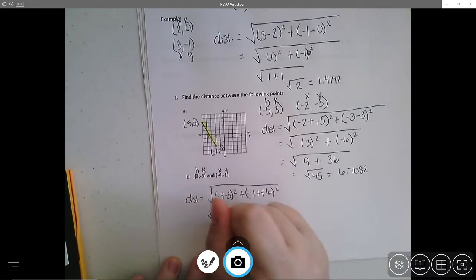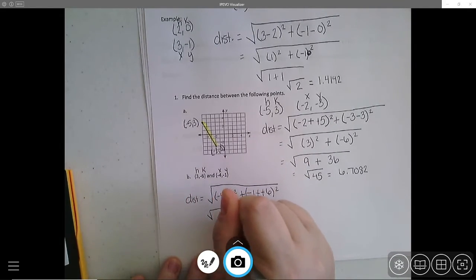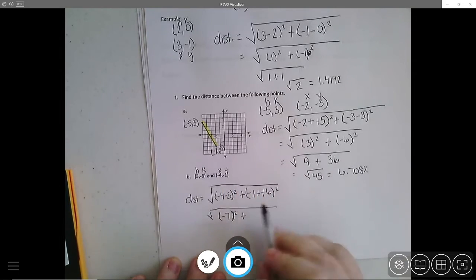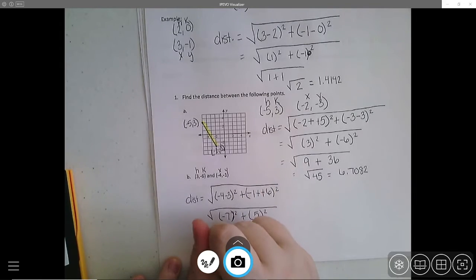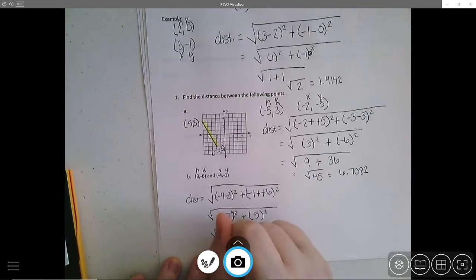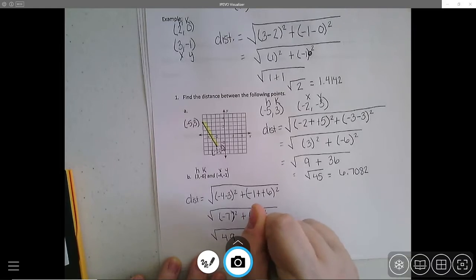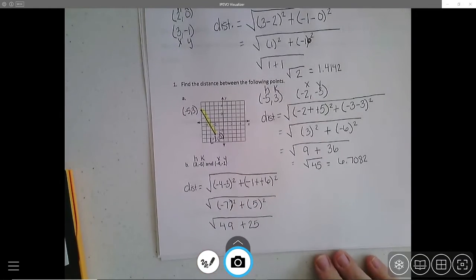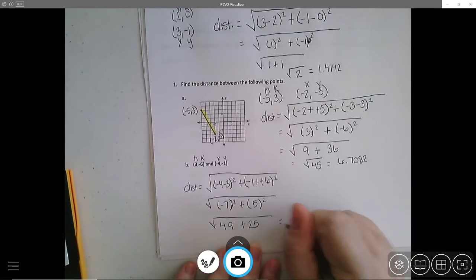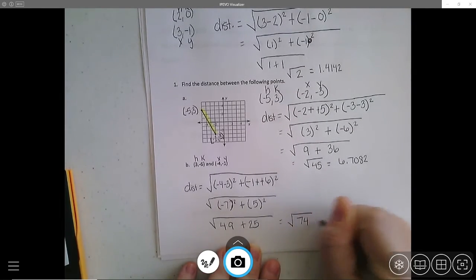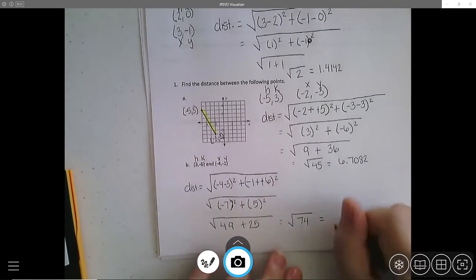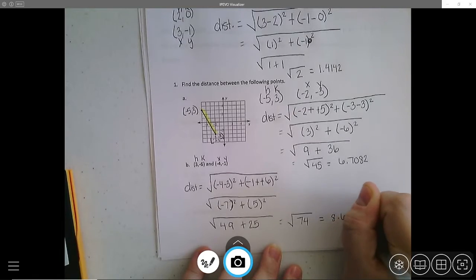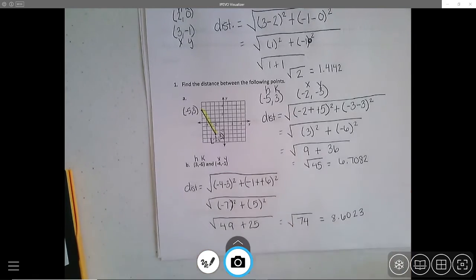This is negative 4 minus 3, negative 7 squared, plus negative 1 plus 6, which is 5 squared. This is the square root of 49 plus 25. 49 plus 25, this is the square root of 74, which equals 8.6023.